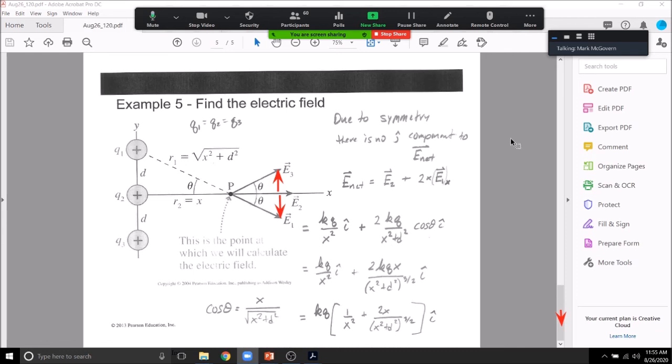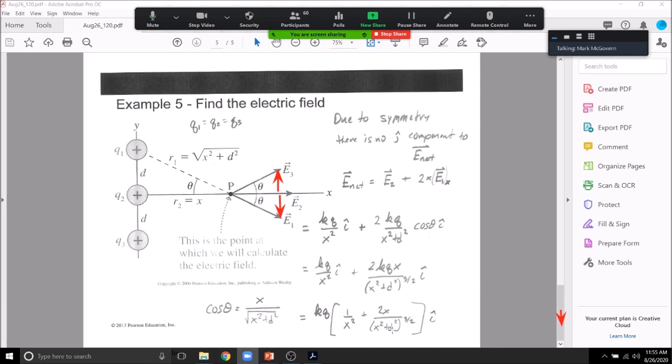So here's what we're going to do. Let's imagine, right, that this point P is not very close to these charges. I mean, if it is close to the charges, then this cosine factor is a pretty big deal. But if you're extremely far away, so say we put this point P out to the moon, or something like that, crazy, right? What happens?